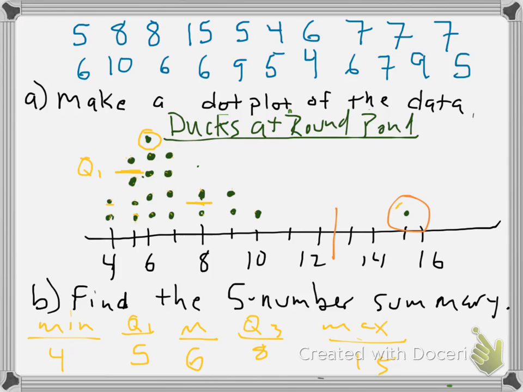That was a day that the biologist counted 10 ducks at the pond, and 10 is not an outlier. If you recall, anything greater than 12.5 was an outlier. So what that essentially means when I make my whisker plot is that the last whisker is going to end at 10, but we're going to get a dot out there at 15 for the outlier.